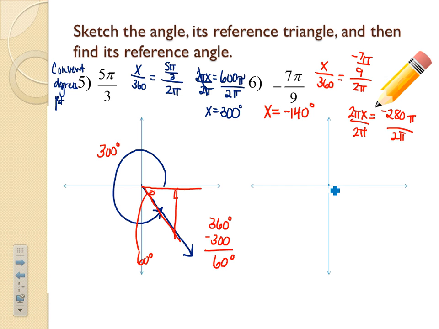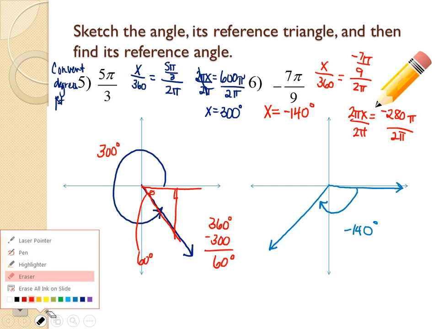So I'm going to go clockwise because it's negative. 140, that puts me about right there. I'm going to draw my reference triangle. My reference triangle is to drop a perpendicular. Ooh, that was a really bad perpendicular. My apologies.